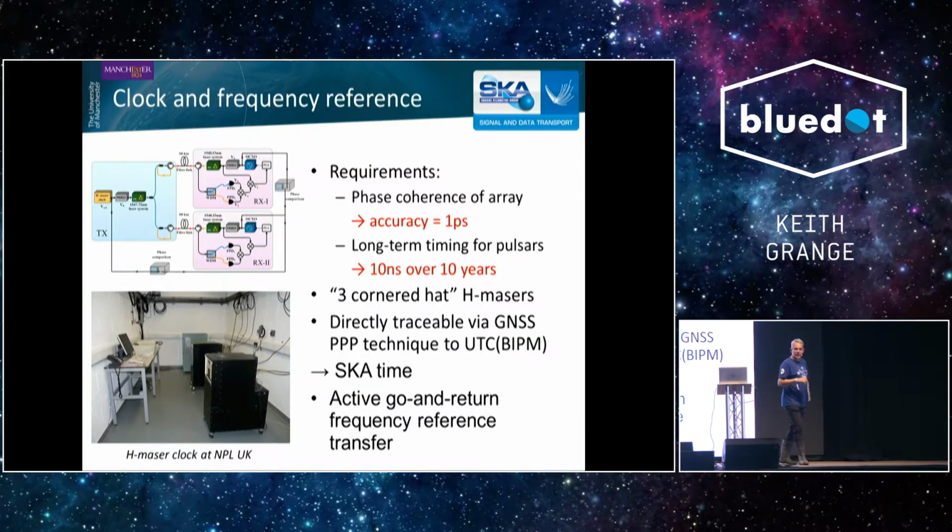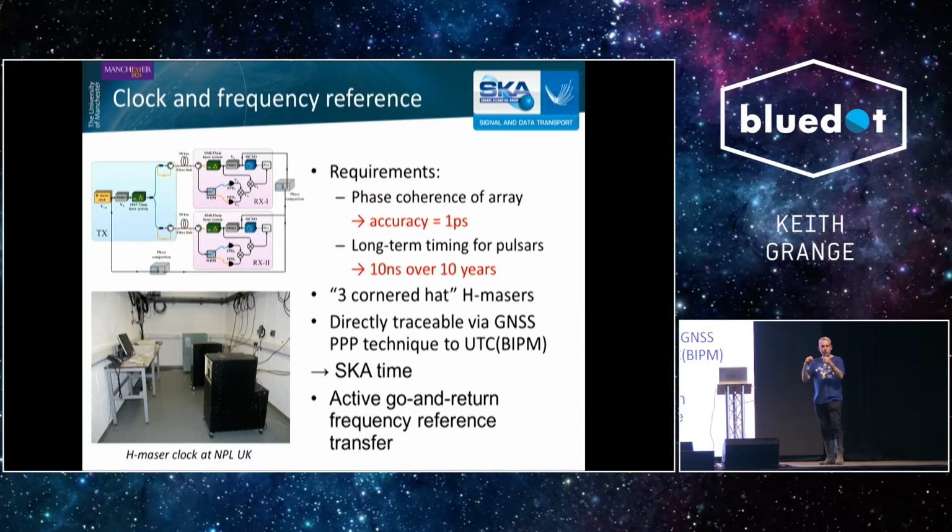I mentioned before that the telescope has to work with a degree of synchronization. That means that the different antennas have effectively a common clock, even if they're scattered around the world. And so the accuracy that we need is this millionth of a second, a picosecond of timing accuracy.